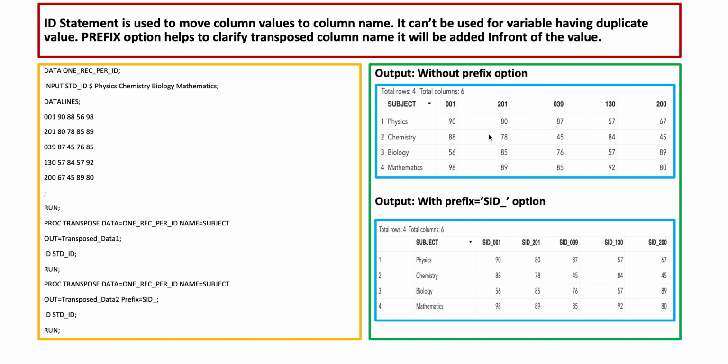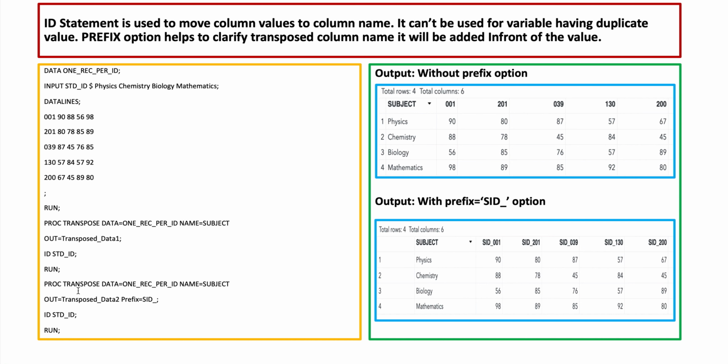In this table, value of student ID has transposed to column, but this number doesn't clarify what that number represents. That's why to clarify those column names we use prefix option.